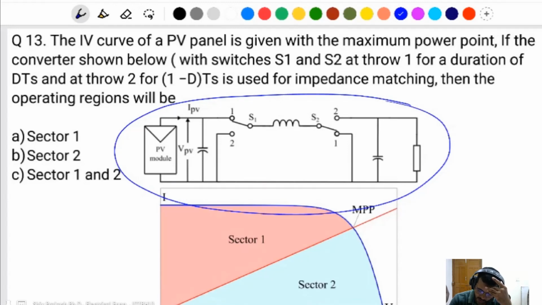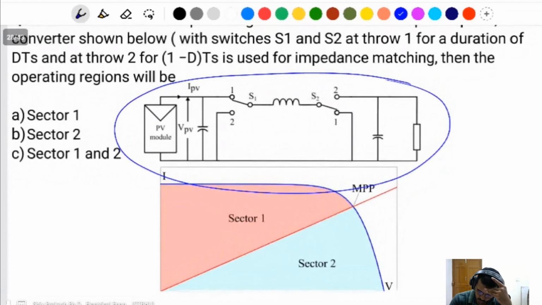Then the operating region will be sector 1, sector 2. From here you can say sector 1 is for the boost converter, sector 2 for the buck converter, and the whole region is for the buck-boost converter.